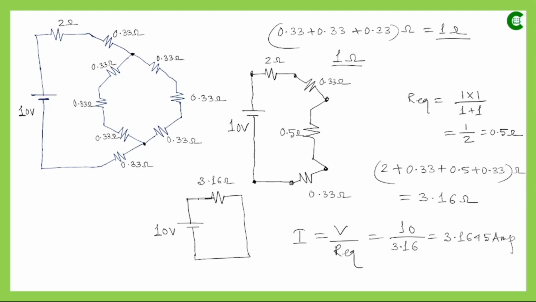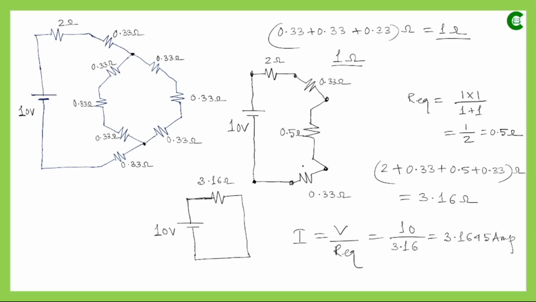and that current will be flowing through this 2 ohm resistance, because this and all the other three resistances are connected in series, and we know in a series circuit the current that flows is the same through all the components which are connected in series.